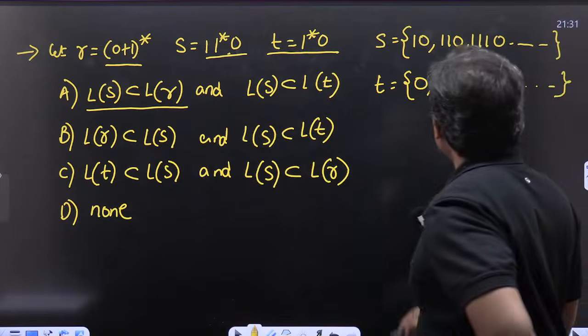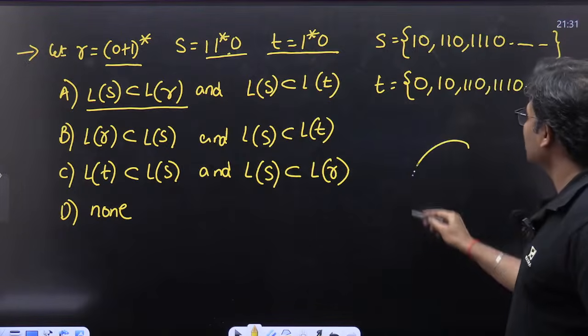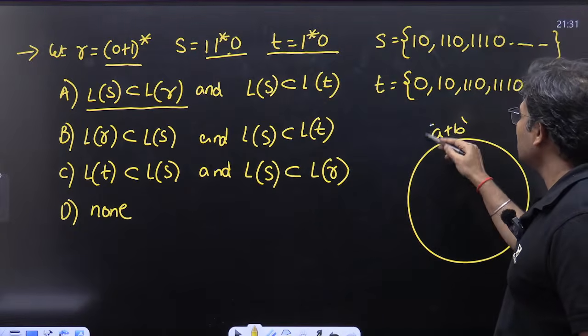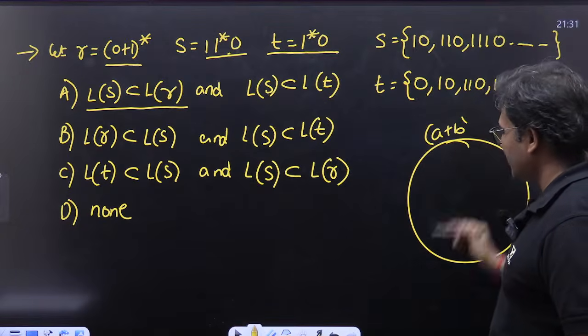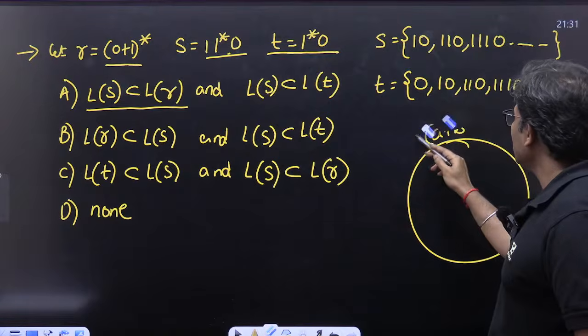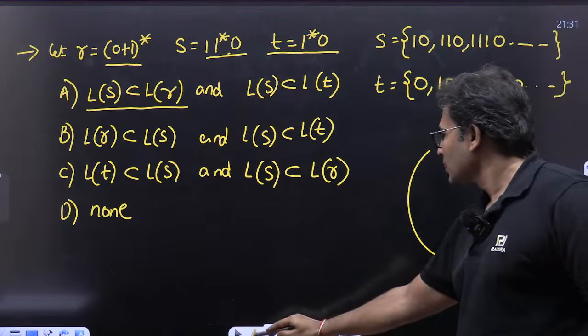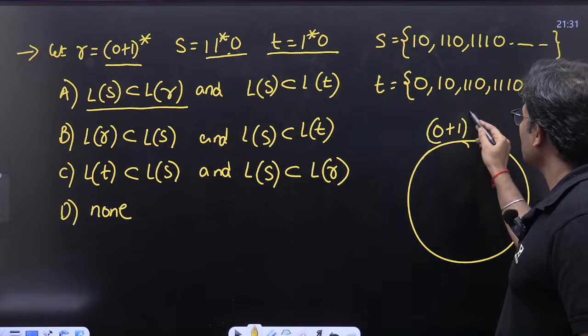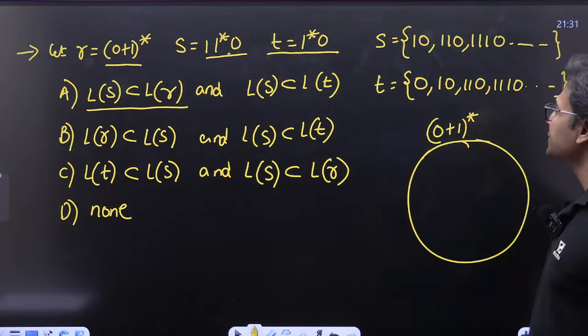So if you write it, the relation is: (0 plus 1) star is the outside, bigger set.